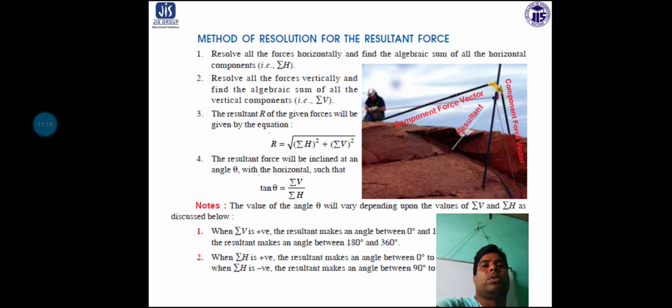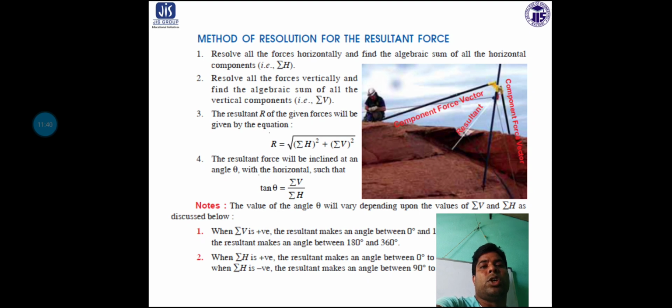Resolve all the forces horizontally and find the algebraic sum of all horizontal components. That means if the horizontal components are H1, H2, H3, up to Hn, we can calculate the summation of H. So resolve all the forces horizontally and add them.